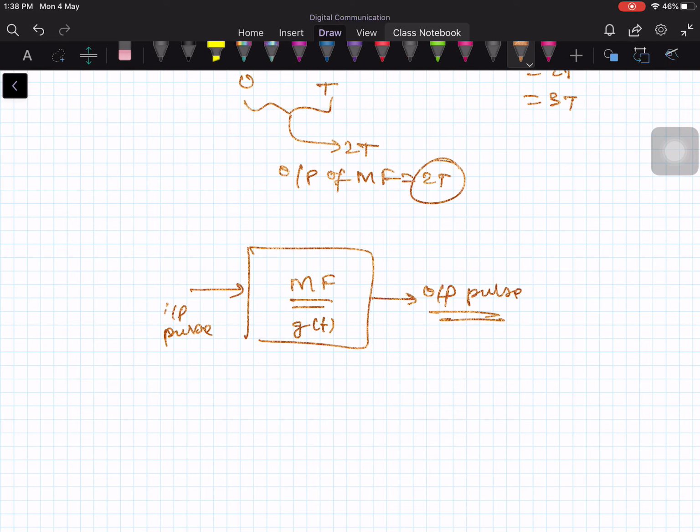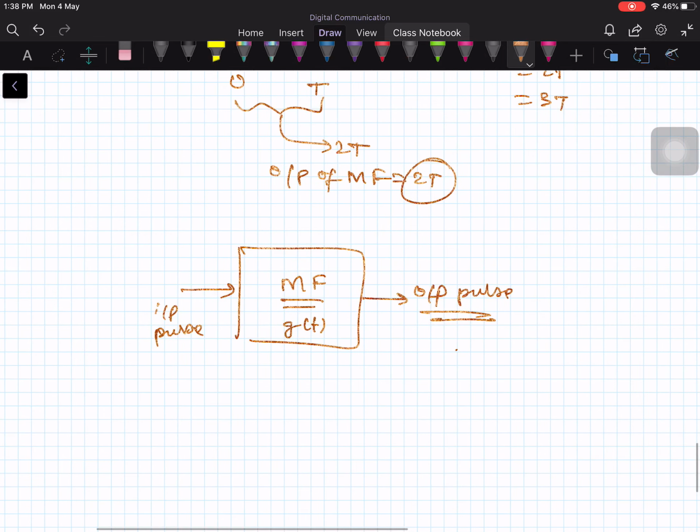symbol interval. So at the sampling instant, the Nyquist criterion is satisfied. The output pulse should satisfy the Nyquist criterion. Whenever the pulse satisfies the Nyquist criterion, it will not interfere with the subsequent symbols. Otherwise this is what is called intersymbol interference.